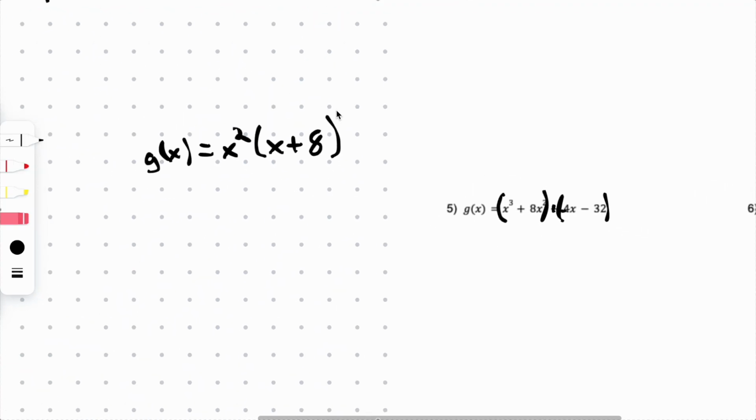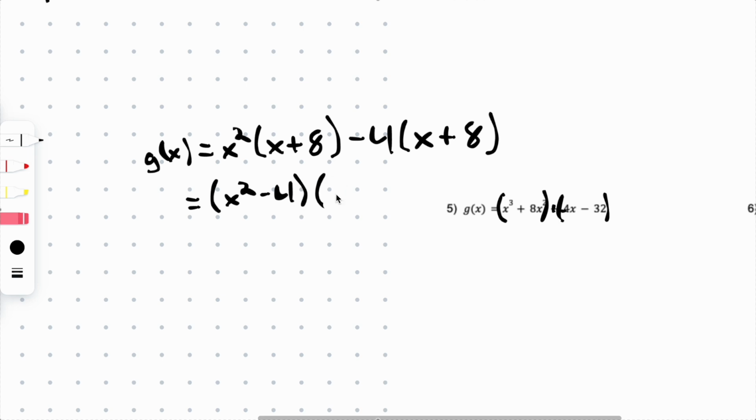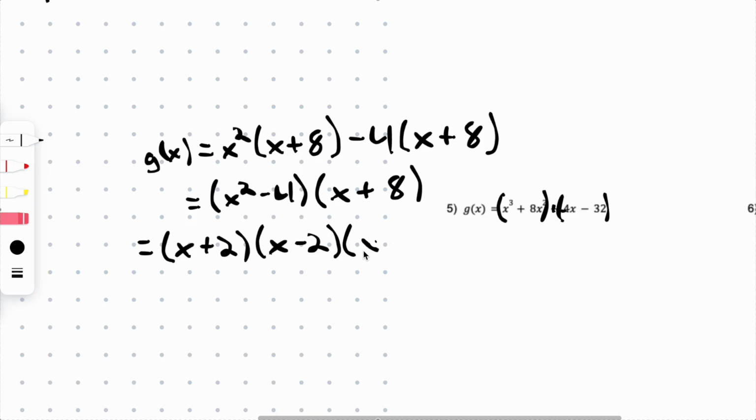Well, that's going to be minus 4, and we're going to be left with x plus 8. So this is essentially going to be equal to x squared minus 4 times x plus 8. And here we can factor x squared minus 4 again into x plus 2, x minus 2, conjugates, which lose the middle term, and x plus 8.